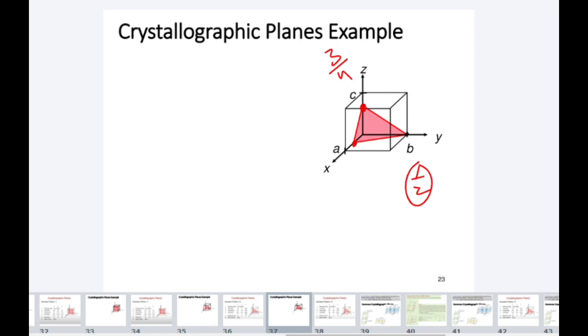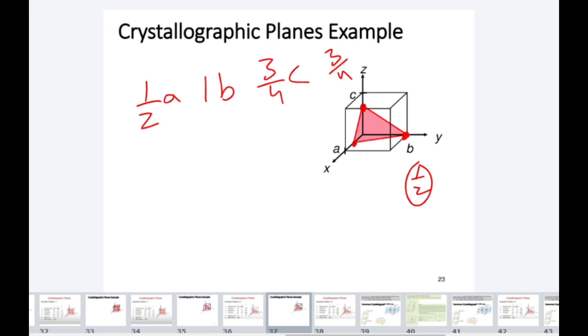So it is touching all of them, right? And is it passing through the origin? No. So it is not passing through the origin. So it is half A, B is 1B, because B is here, it is touching the complete B. And C is 3 by 4 C. So we have these points.